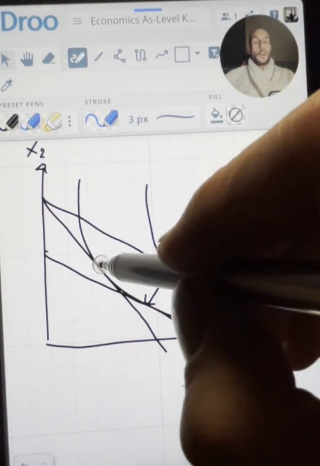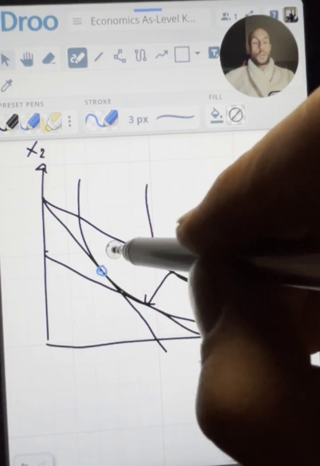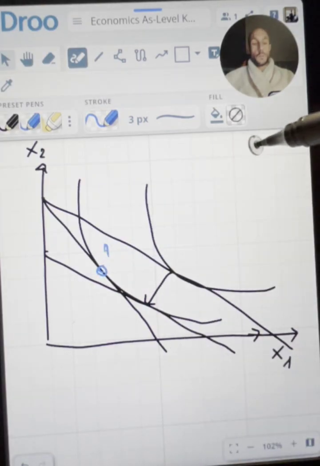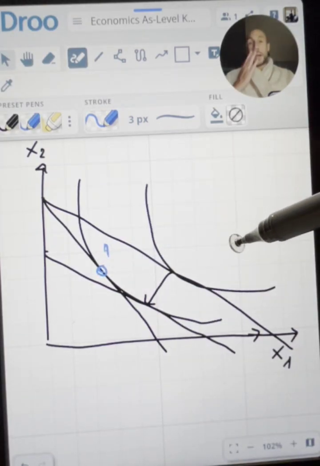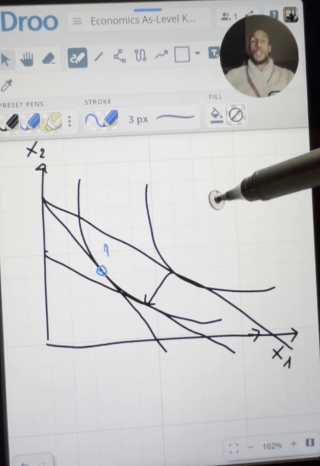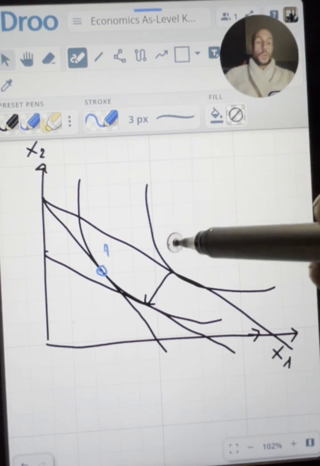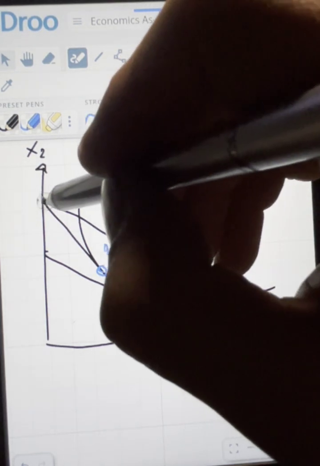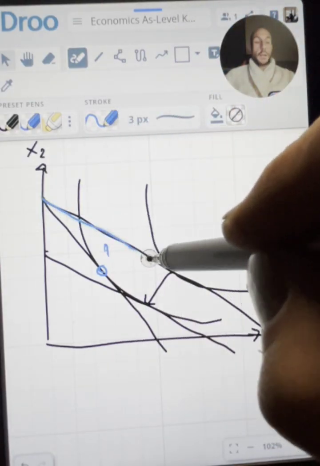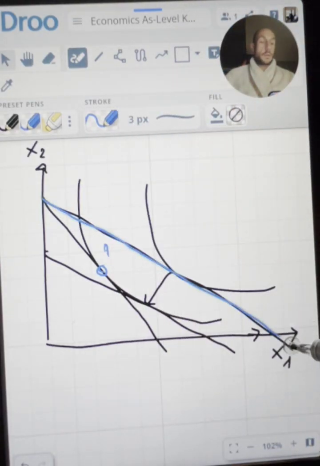So yeah, this was the initial situation, point A, and then the price of good 1 became cheaper. So this line now intersects the quantity of good one here, because the price of good one went down. This is a normal good.